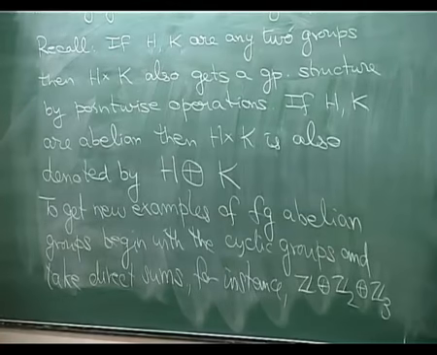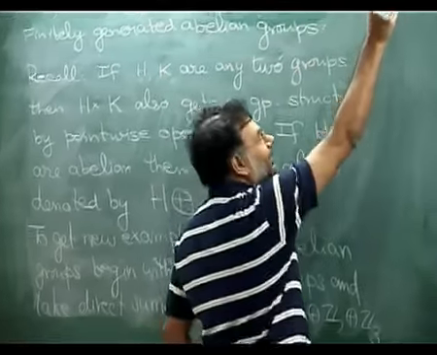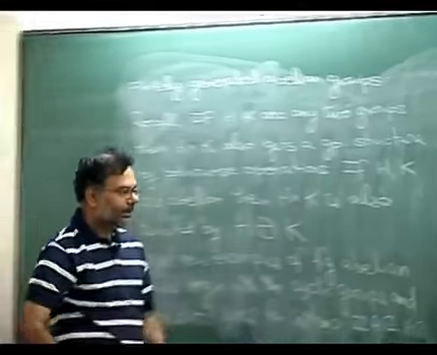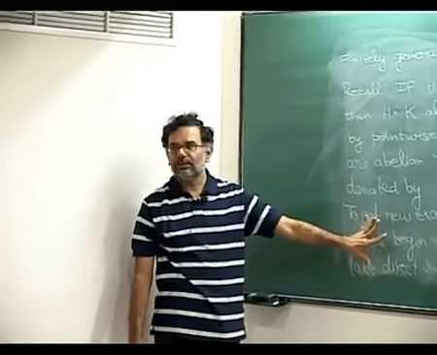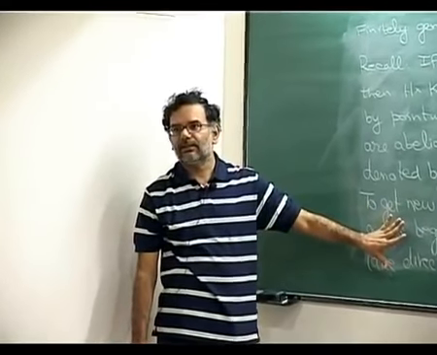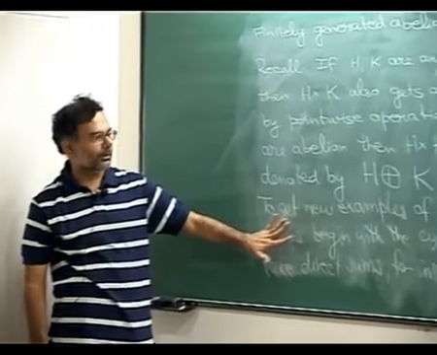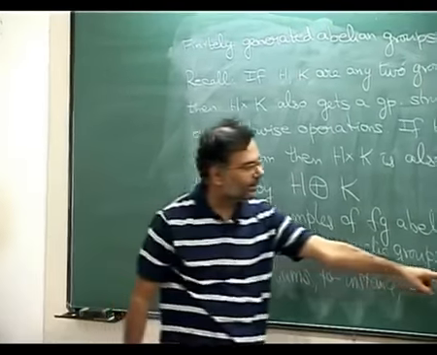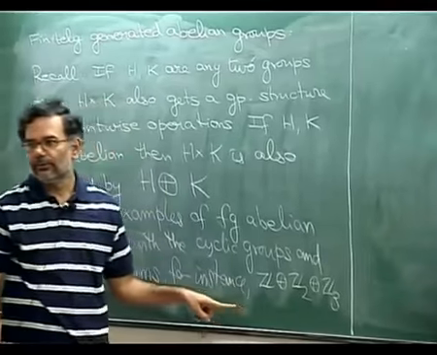Now, the amazing thing about finitely generated abelian groups, and that's what the structure theorem says, is that this process completely exhausts the class of finitely generated abelian groups. That means every finitely generated abelian group is of this kind. It is a direct sum of cyclic groups.